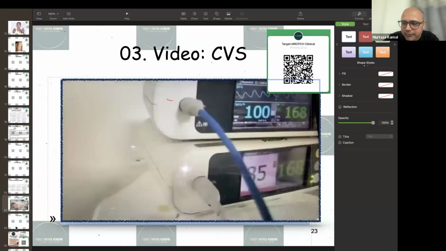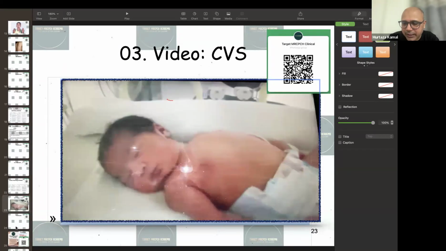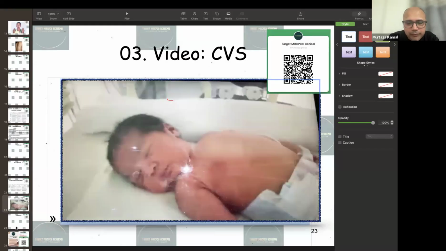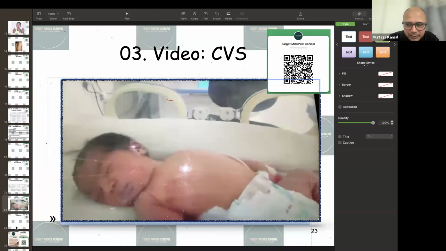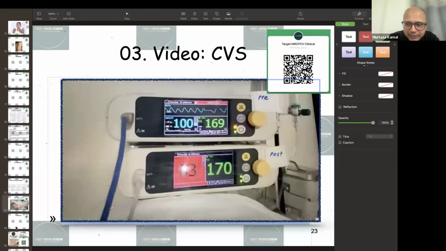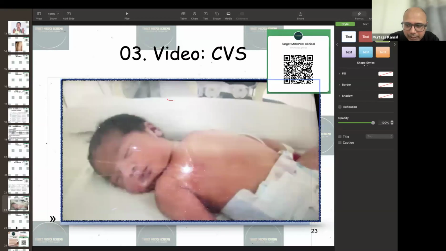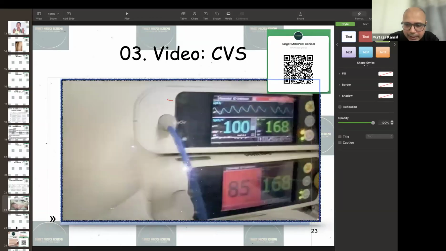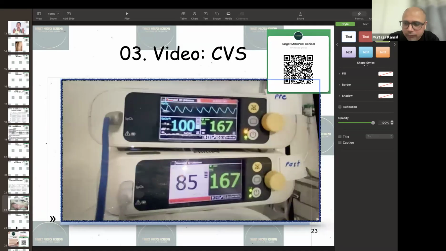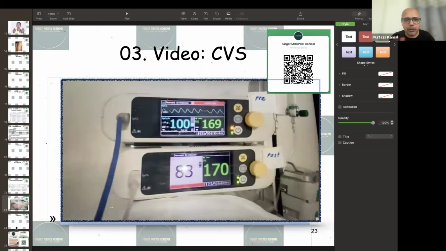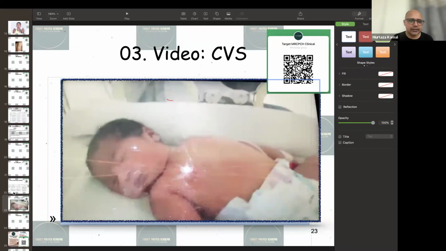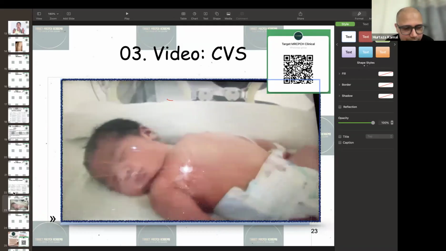And anything after the duct, where does the duct open? It opens after the third branch of the arch, which is the left subclavian. So anything near the left subclavian or below it will have something different. So it should be right upper limb and any of the lower limbs. There is nothing like left lower limb. Right upper limb, any of the lower limbs. This will work. Did you get my point?